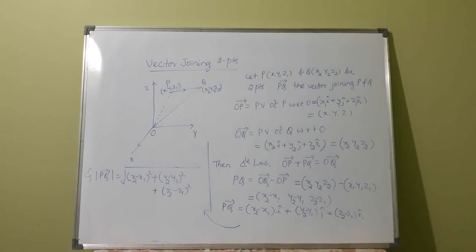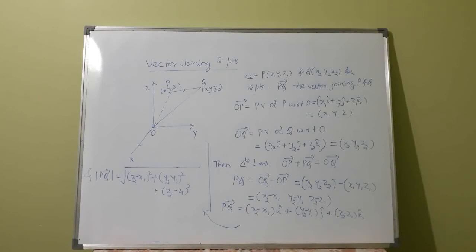The vector joining two points. Suppose P and Q are two points. P is (x1, y1, z1), Q is (x2, y2, z2). Okay.